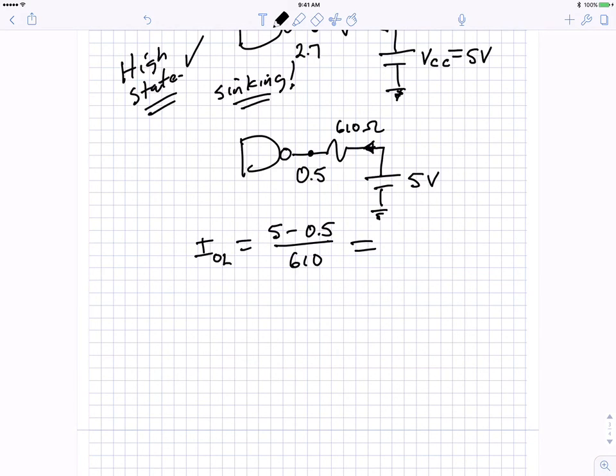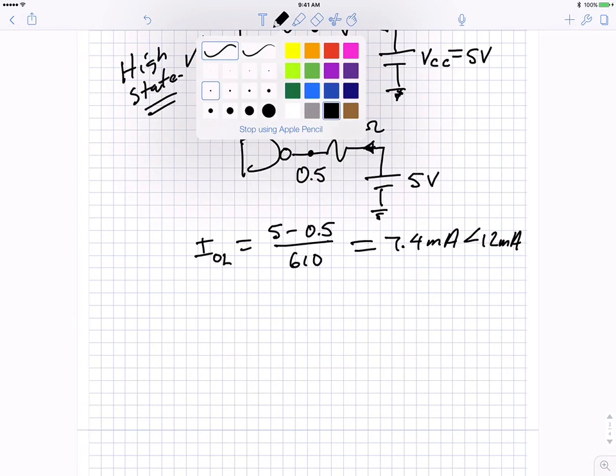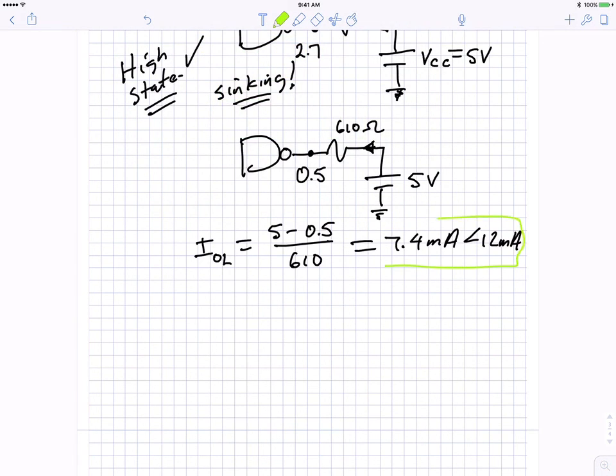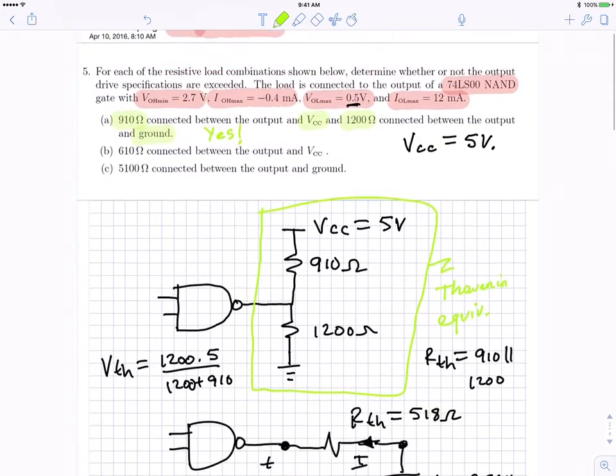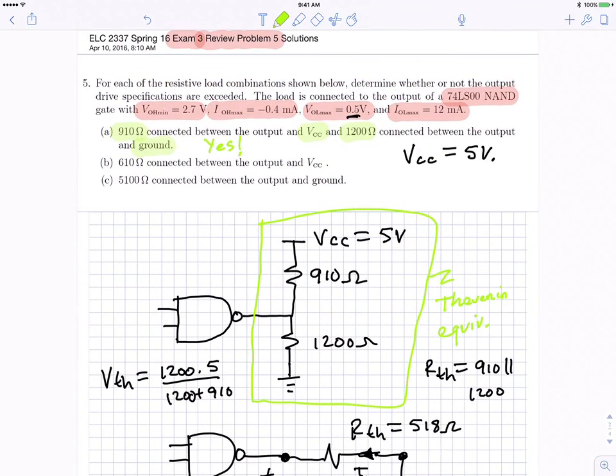I get 7.4 milliamps, which is less than 12 milliamps. And so what that means is we're good. We checked both high state and low state, and so our conclusion for part B is, again, yes.